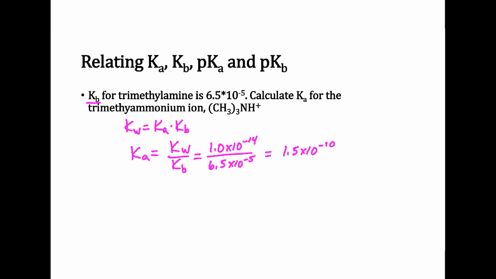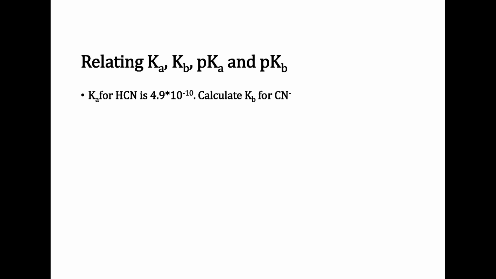So you can find Ka if you're given Kb. You can also find Kb if you're given Ka. So in this case, what we are given is Ka for HCN, and we're asked to find Kb. So again, we know that Kw is equal to Ka times Kb. So Kb would be equal to Kw over Ka.